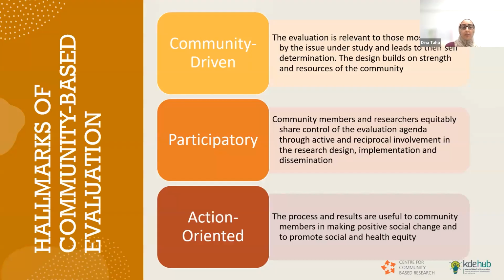We talked about the hallmarks of community-based evaluation: that it's community-driven, guided by and relevant to different stakeholders, and participatory, which basically translates into striving for equitable control of the evaluation agenda or the activities. It's also action-oriented. So the purpose, as we talked earlier, is about creating social change and social justice.